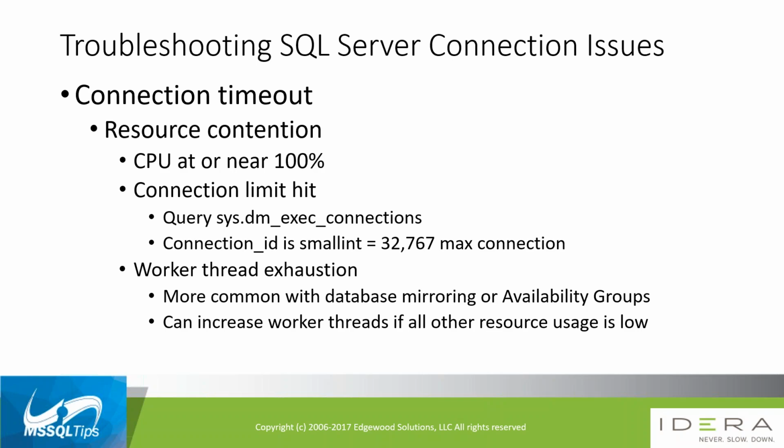So really, worker threads is very dependent on the number of CPUs you have. And so if you're constantly hitting worker thread exhaustion, you need more CPUs ultimately. But increasing worker threads can be a temporary stopgap fix until you can get more CPUs or get a bigger machine.